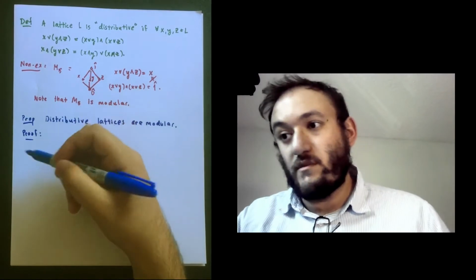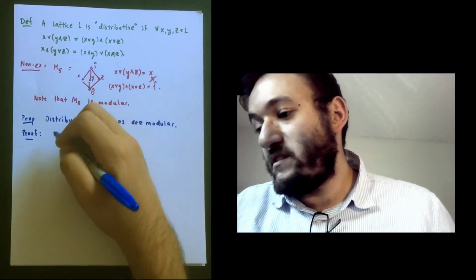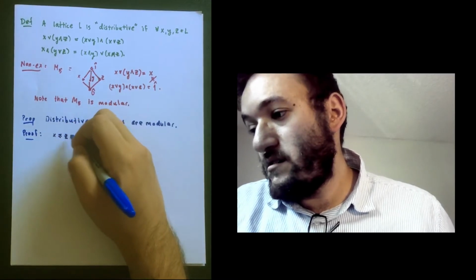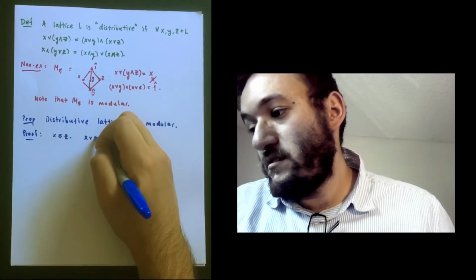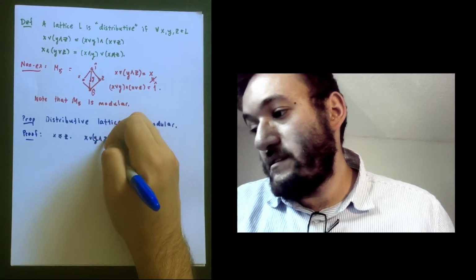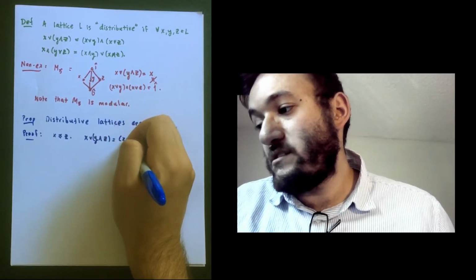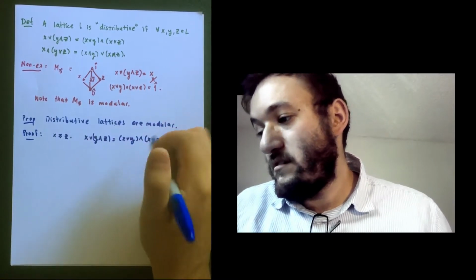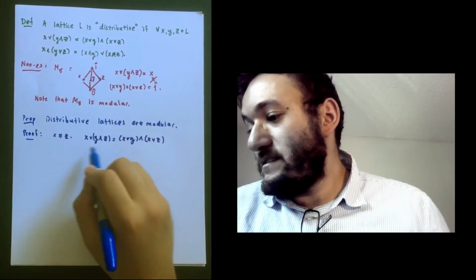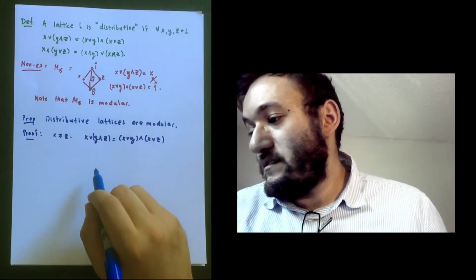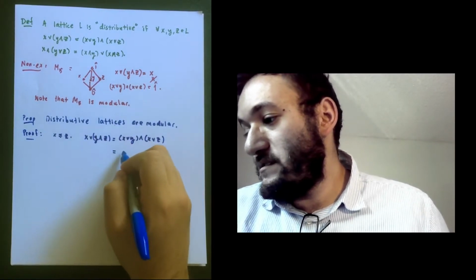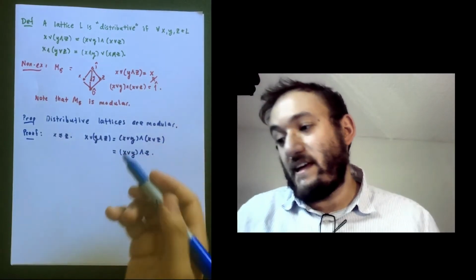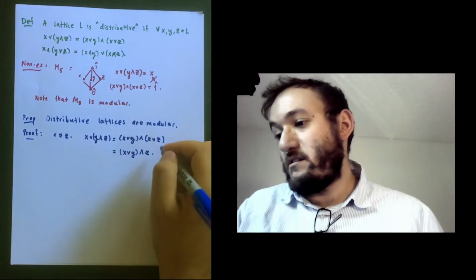So in the distributivity law, if we take x less than or equal to z, then x join y meet z equals x join y meet x join z. Well, x is less than or equal to z, so this is just z. So this is x join y meet z, and that's exactly the modularity condition.